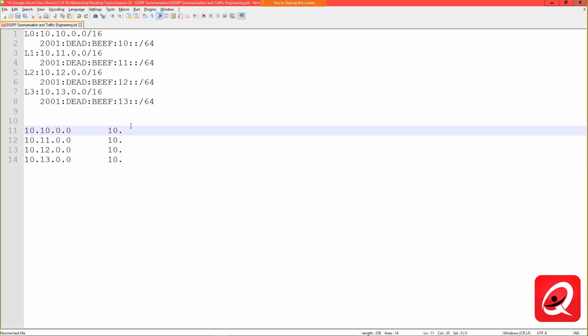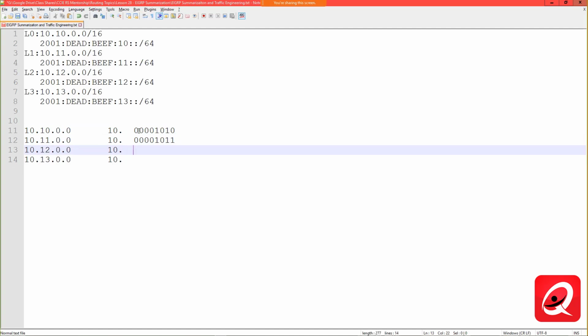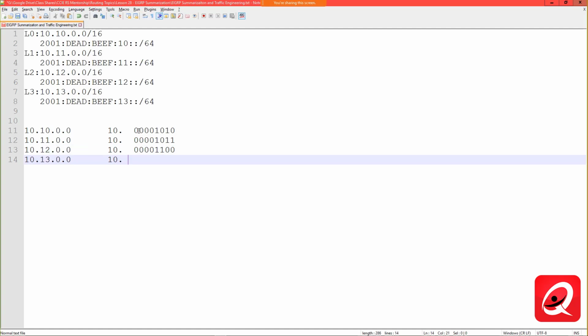Now, if I convert these octets to their binary counterpart, 1 through 8, and 1 through 8, 1 through 8, and then finally 13, 1 through 8, our summary boundary actually lies here.